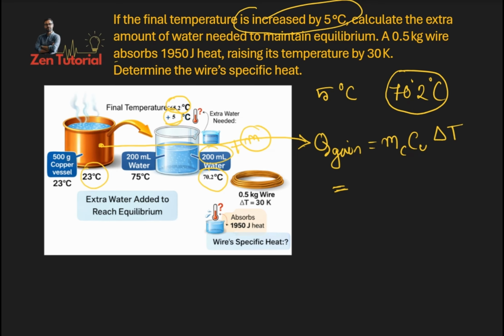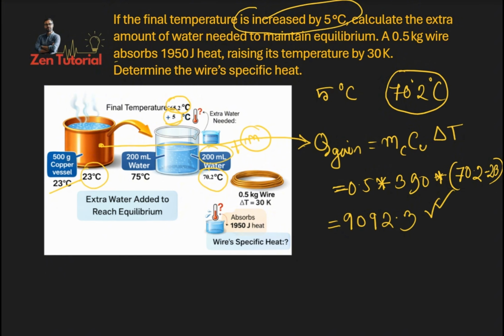The value is of course half kg, 390, and the temperature difference is now, the final temperature 70.2 minus 23, right? Because it is 23. So how much did we get? The value is 9092.3. Heat gain this amount, right?